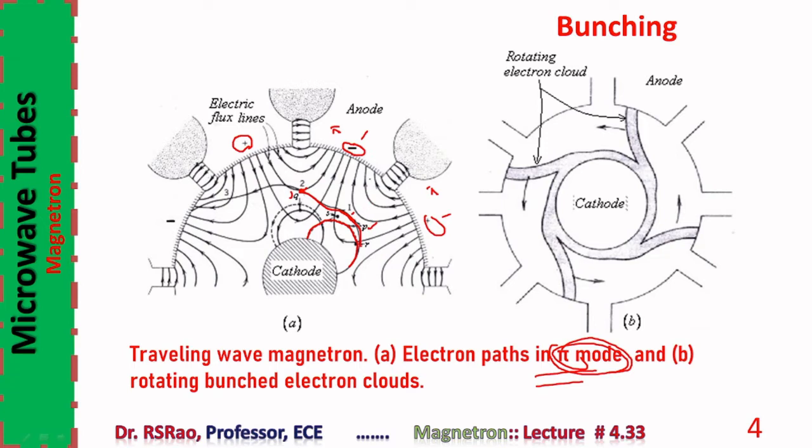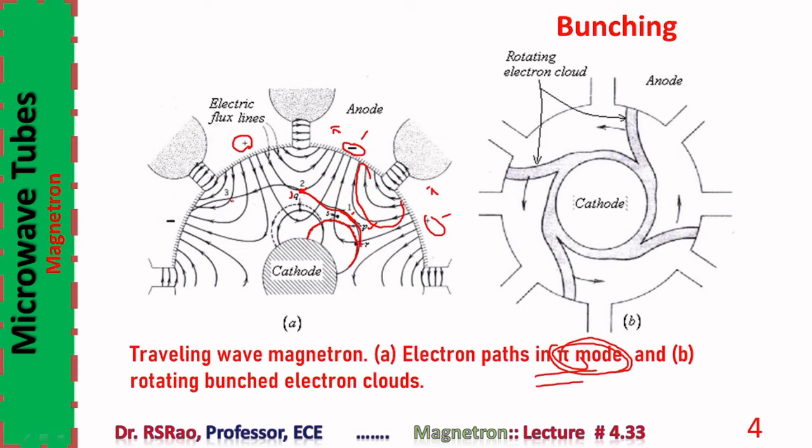It means the structure of the field that existed when the electron was at point 1, the same structure of the field comes into being when it is at 2. Therefore, at 2 also, the electron faces some opposition to its movement. Opposition means energy transfer from electron to field. So the electron gets somewhat decelerated, but it still continues moving.